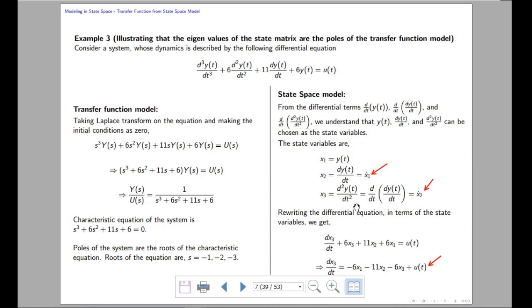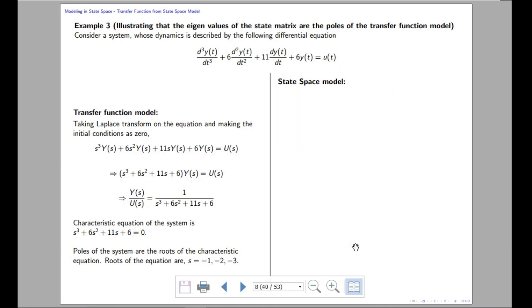And dy by dt square, sorry, d square y by dt square we have already defined as x3, so straight away I can put it as x3. dy by dt is x2 and y of t is x1. In this equation I got only x3 dot, dx3 by dt, as the derivative term, so all other terms I can take to the other side. Now I got x3 dot also. So x1 dot is available here, x2 dot is available here, and now I got x3 dot also.